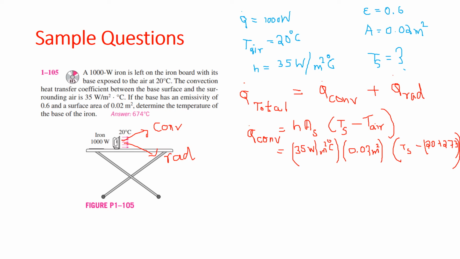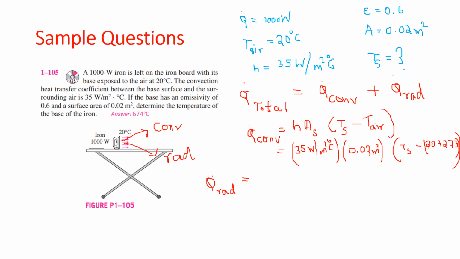Now in a similar way, we know for radiation the law is the Stefan-Boltzmann law of radiation. So we know Q dot radiation, and here we have two media, so we need to take that into account as well.